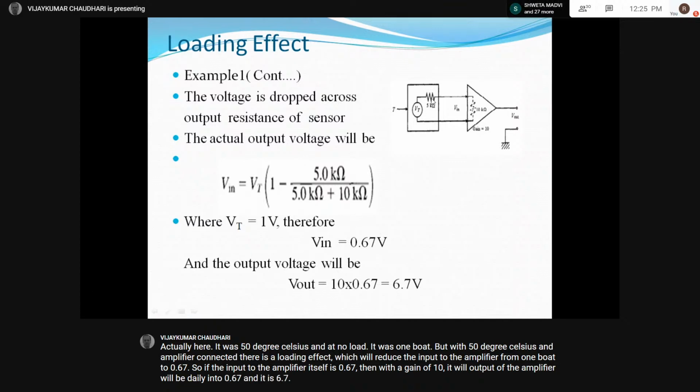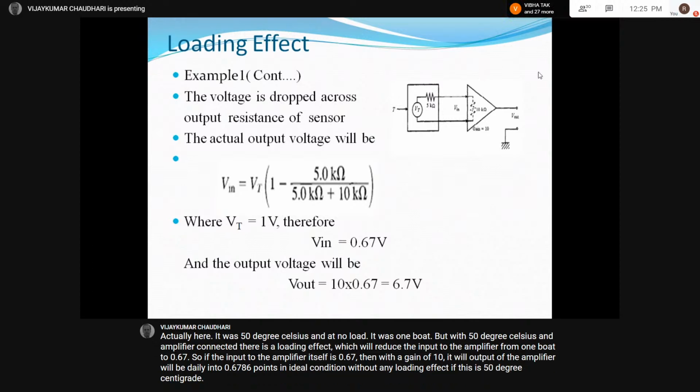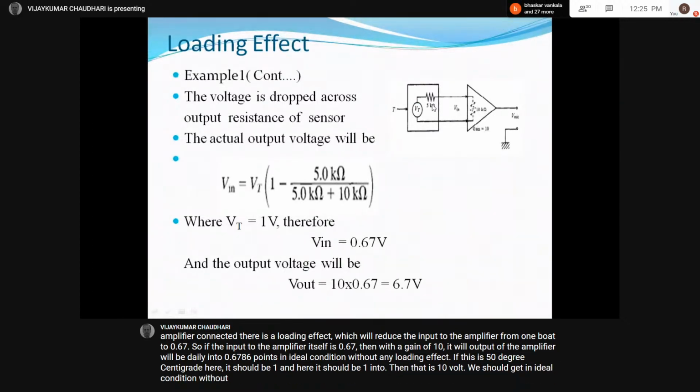So the output resistance of the earlier stage should be far less than the input resistance of the next stage. Rather we will say the input impedance of the next stage should be far greater than the output resistance of the earlier stage. So this 10K should not be comparable with 5K.